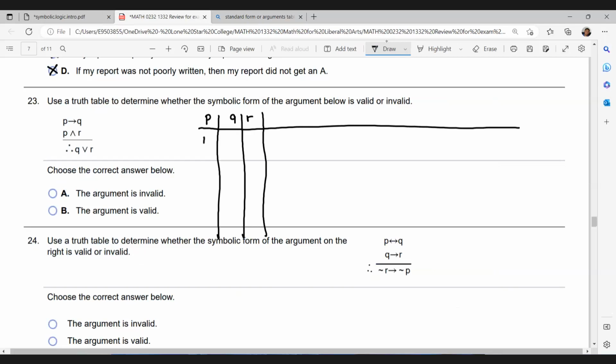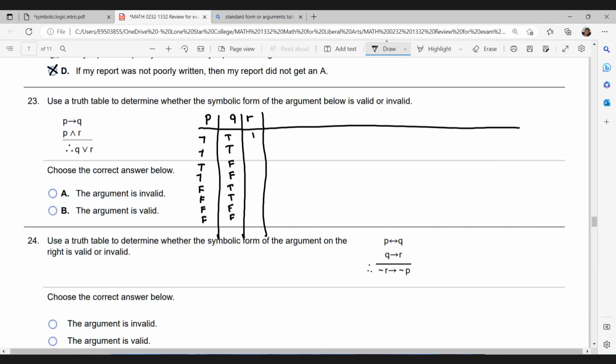Okay, so let's see if we could just take care of some of these. So this would be true, true, true, true, false, false, false, false. Because there are 3 variables, we need 8 rows. Oh man, this is going to be interesting. Okay, so then we have true, true, false, false, true, true, false, false.